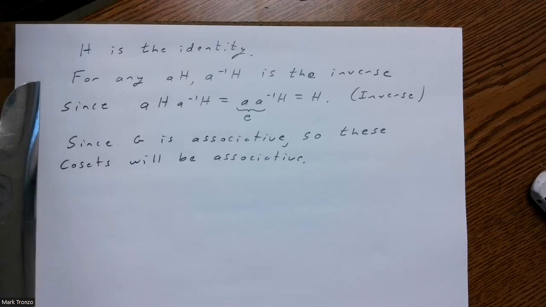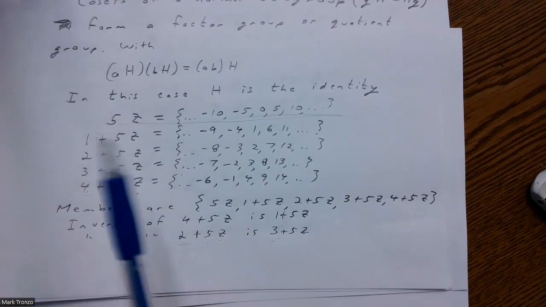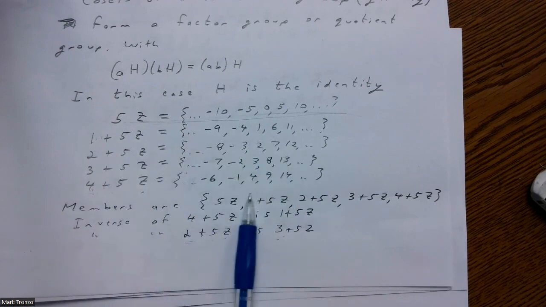Any questions on any of that? Why don't we say that just E is the identity? Why don't we say that H is the identity? Oh, so in these cosets, let me look at this here. So for example, now we're dealing with these cosets as kind of an odd thing. These are the members of our group rather than just numbers.